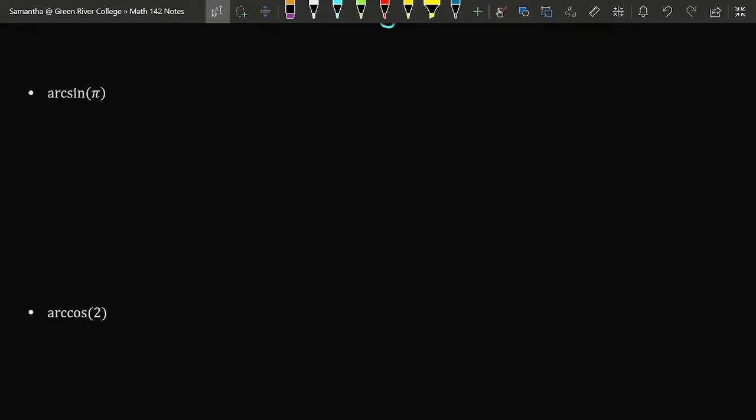Suppose that someone asked me to evaluate arcsine with pi plugged in. Arcsine is a function which is designed to give us an angle.